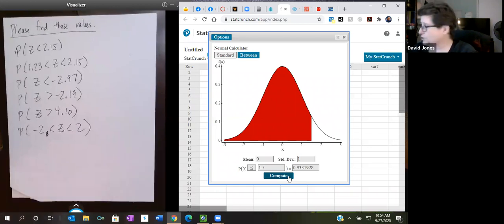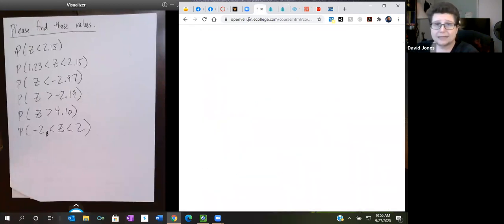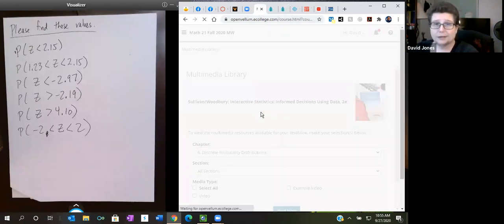Go through and use the standard calculator in StatCrunch. You'll have to log into your homework and open up StatCrunch on the left. This is the homework tab. Oh, it expired.